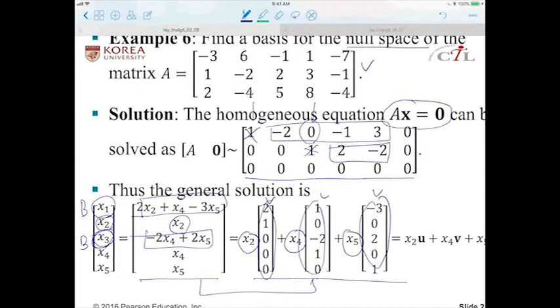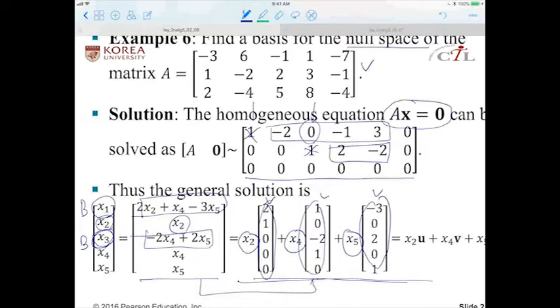So the basis should satisfy the linear independence, and also it should fully span the given subspace, right? And then from this representation, any vector included in our null space is represented by that form, right?